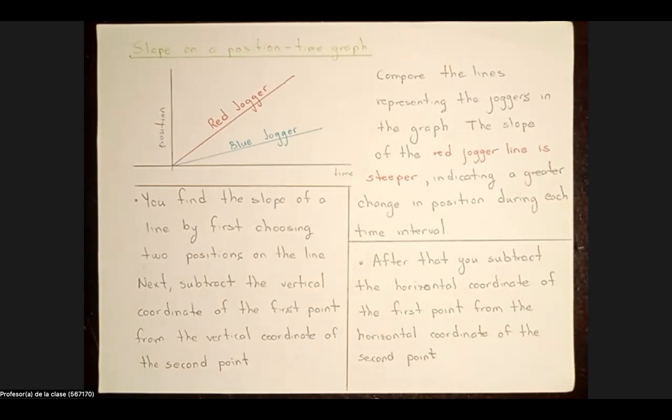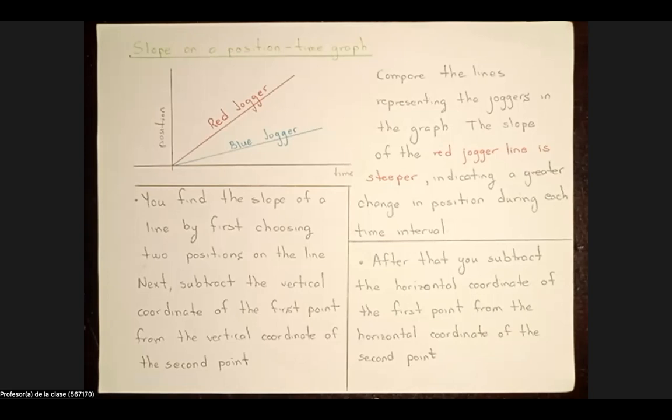The slope on a position-time graph will have a physics meaning. So compare the lines representing the joggers in the graph. The slope of the red jogger line is steeper, indicating a greater change in position during each time interval.